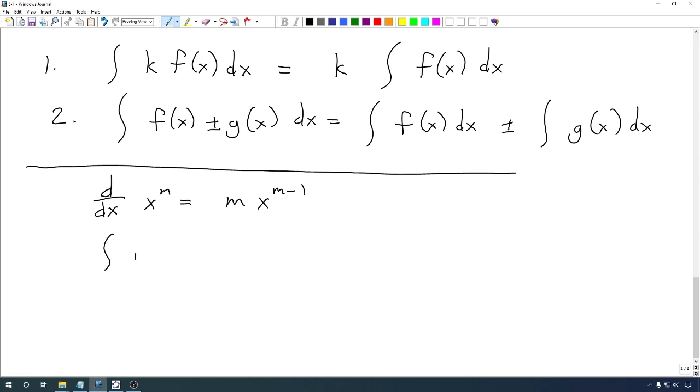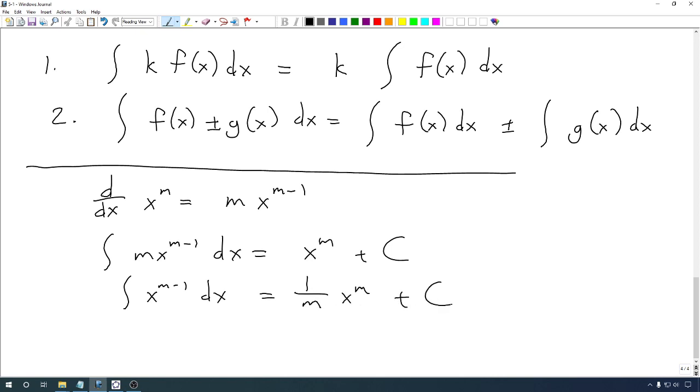At least up to a constant. It's going to be x to the m plus some constant. Now the m here is a constant, so I can use my first formula and pull it out, and actually just divide it on both sides. The integral of x to the m minus 1 dx is going to be 1 over m x to the m plus some constant.